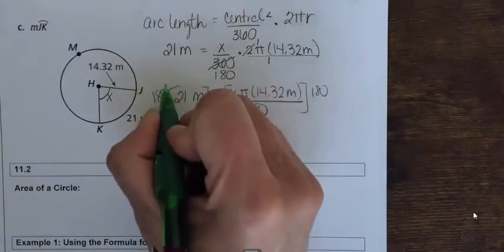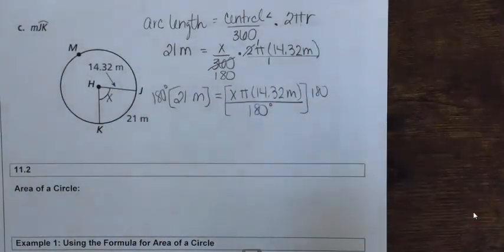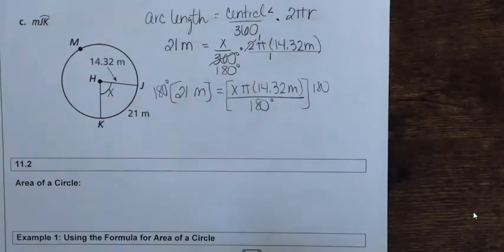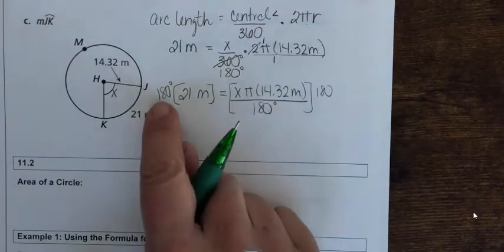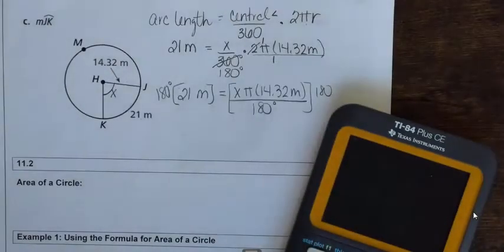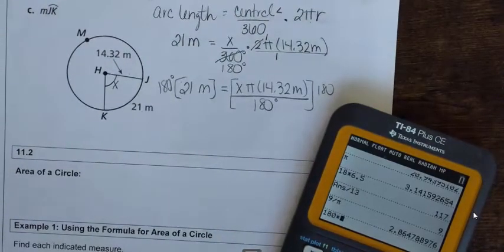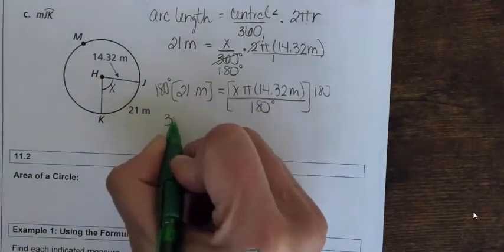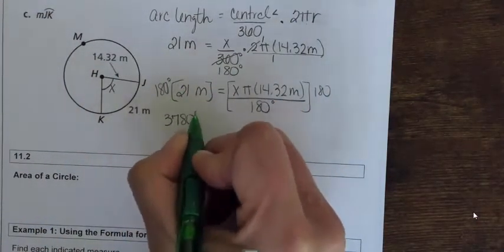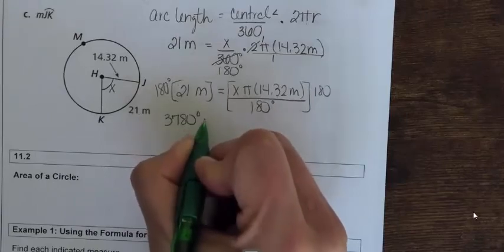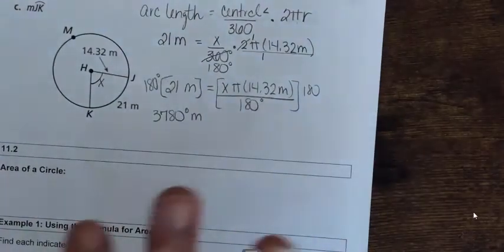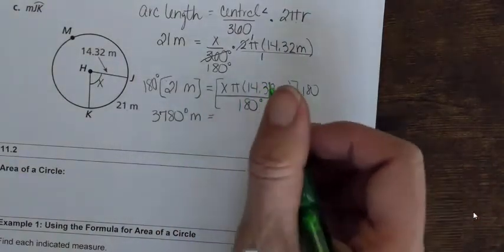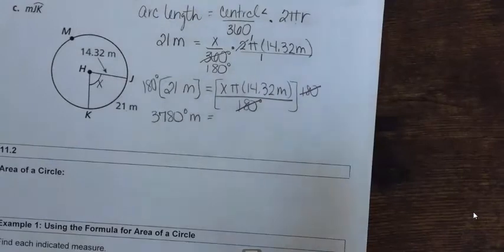And that's actually 180 degrees, so we'll use that this time. 180 times 21 gives us 3,780, and the units are degrees times meters. I know that looks weird, but we will figure this out as we move along. So the 180 degrees is gone.